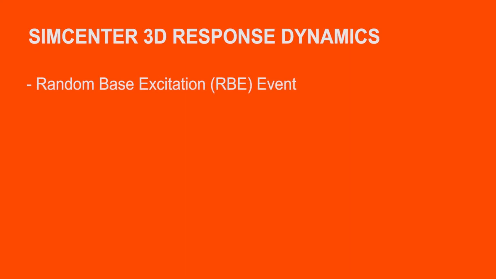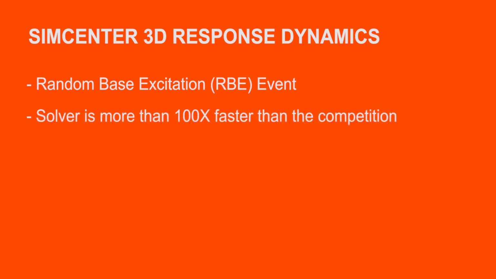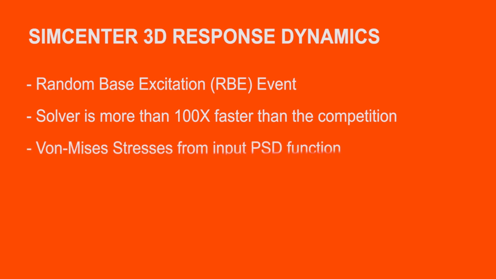In this tutorial, we showed you how to perform a random based excitation simulation of a spacecraft finite element model using SimCenter 3D Response Dynamics. We used a random-based excitation event that is more than 100 times faster than the competition.